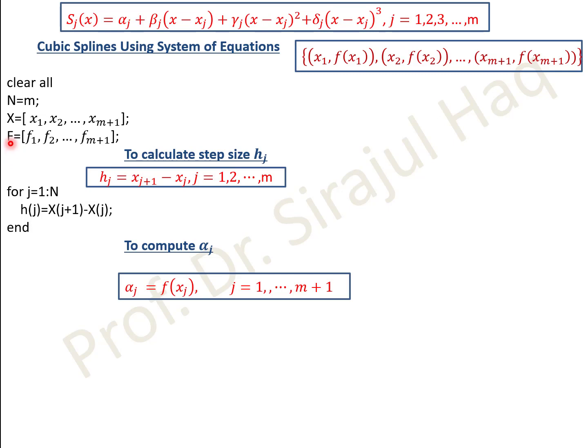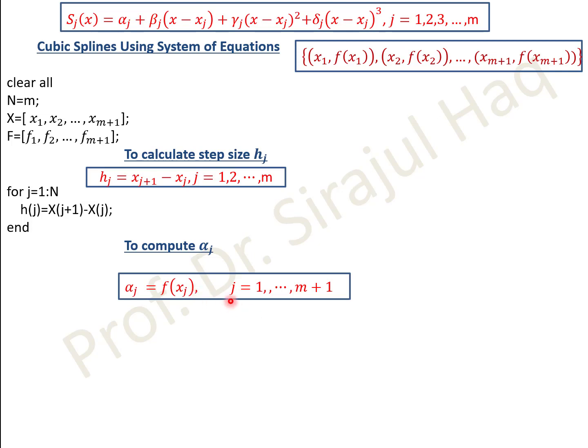Capital F of 1 is equal to f at the point x1. Capital F of 2 is equal to small f of 2, which is coming from the data. So you have already given this information in your program to the computer, so I know these values. So let's start the loop.